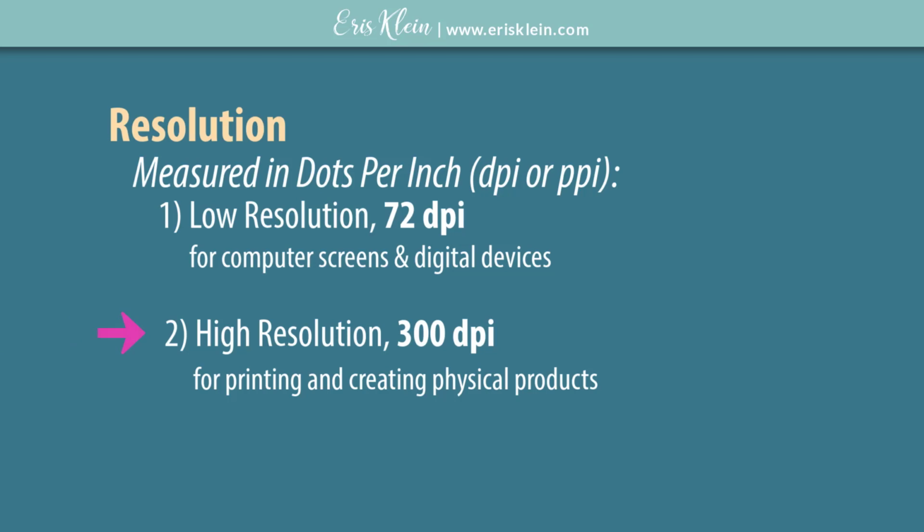Now note, once again, let's say maybe you want to do something that has both a physical product and later you want to market it on Instagram or Facebook, or you want to put it on your web. Okay, well then you're dealing with 2 different DPIs, right?